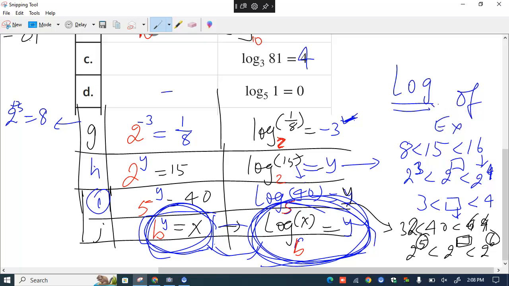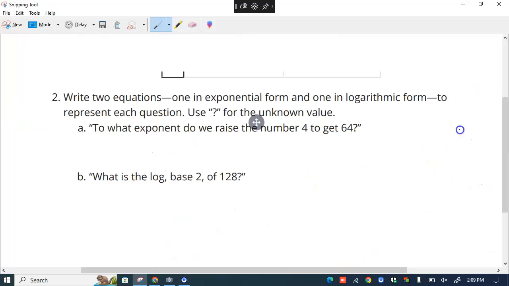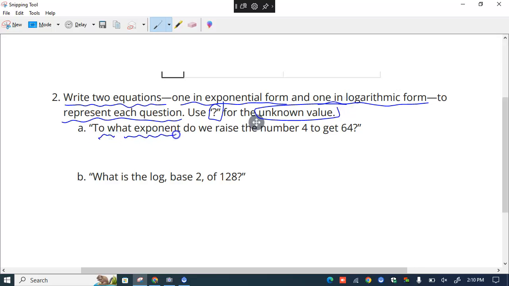So let's go to the next question. This question is: write two equations, one in the exponential form and one in the logarithmic form, to represent each question. Use this for the unknown value. Let's see what this means. To what exponent do we raise the number 4?